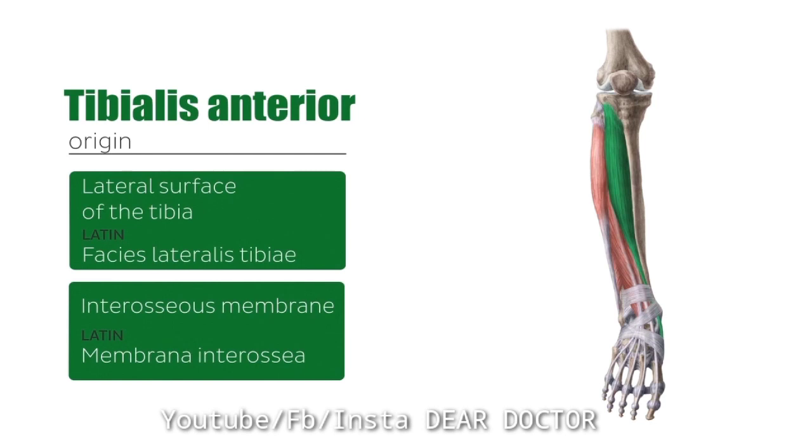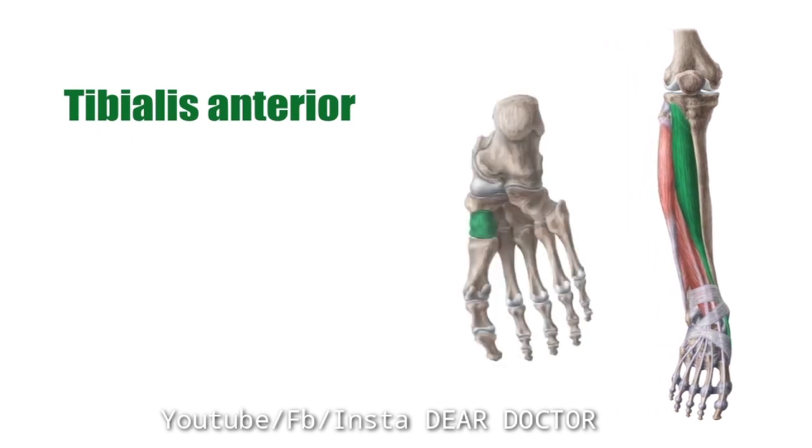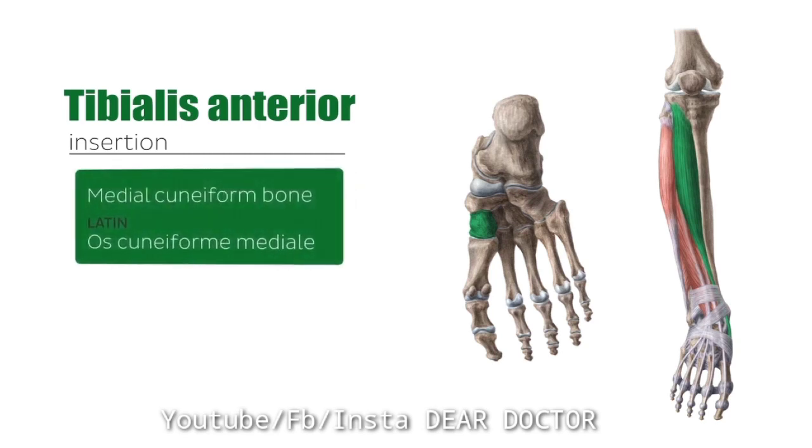And now we move on to the insertion point of the tibialis anterior, and you can see a new image being introduced in this slide, highlighting a bone that will serve as an insertion point for the tibialis anterior. This will be the plantar side of the medial cuneiform bone.